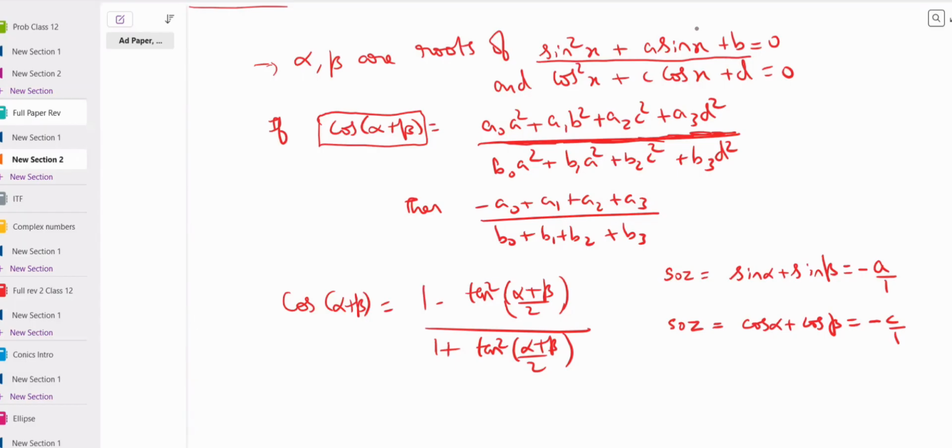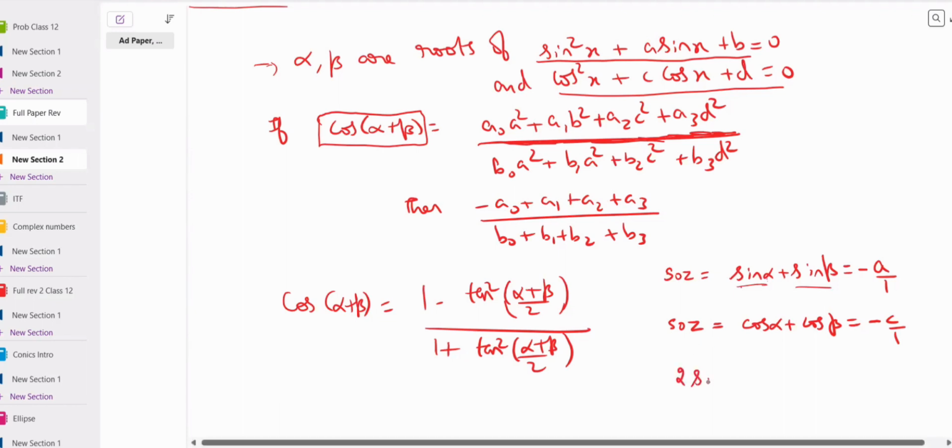The values that sin x takes are sin α or sin β, and likewise cos α or cos β. Since it's a half-angle form, you can use the addition formula: sin(a+b) + sin(a−b) = 2 sin a cos b, and the same for the denominator, 2 cos a cos b.